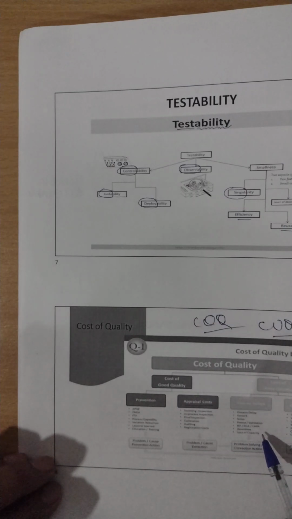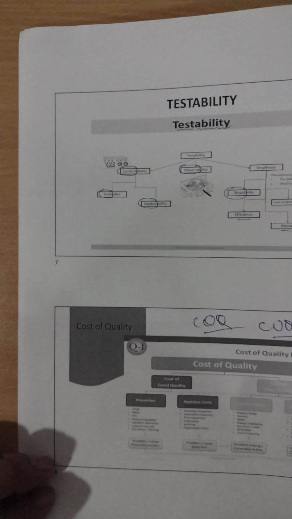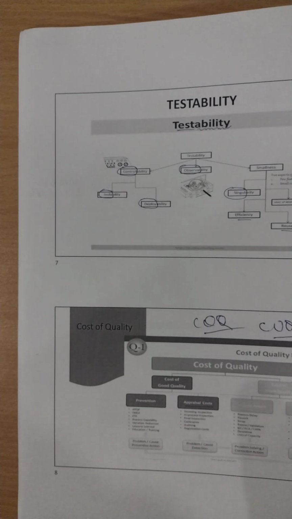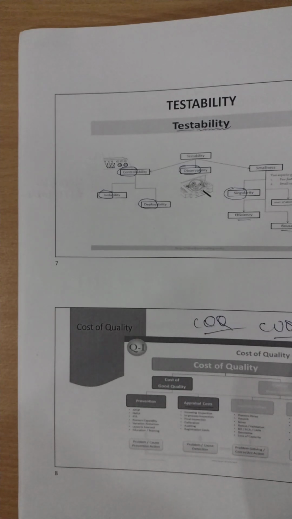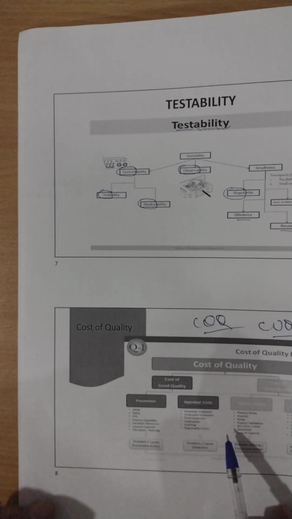External failure is where it goes to the field and results in a failure during usage or during field trial. Each and everything we need to calculate in terms of efforts, and we calculate the cost of quality.